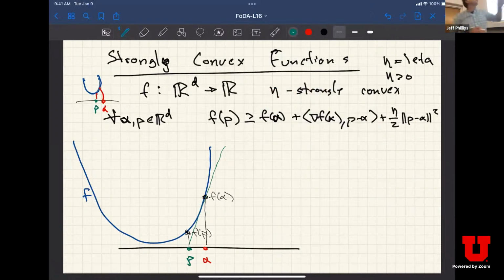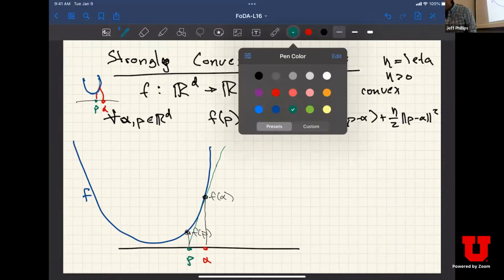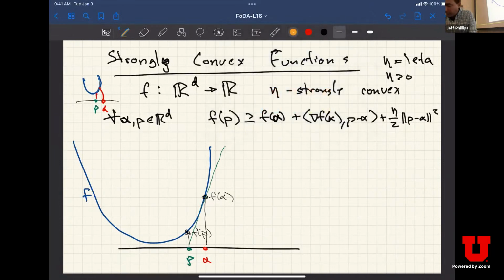But then I'm adding a third term, and this is a squared term. So that's some sort of parabola, and I'm getting a quadratic approximation now. So now I have another function coming in here. The blue function should always be larger.